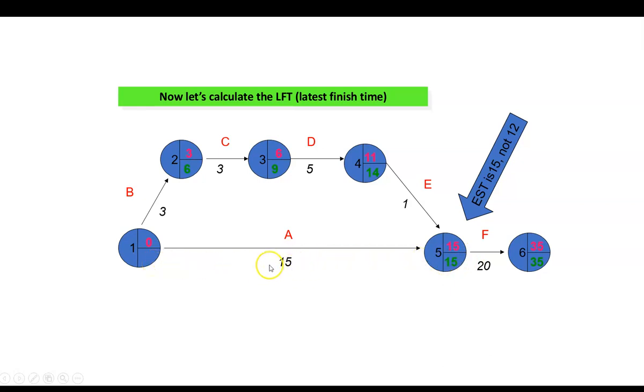And what we do, again, calculating the latest finish time, is we take it back and we take off the longest time. So rather than taking off the 3 and taking this down to 3 here, we're going to take 15 take away 15, and we will end up with 0 here.